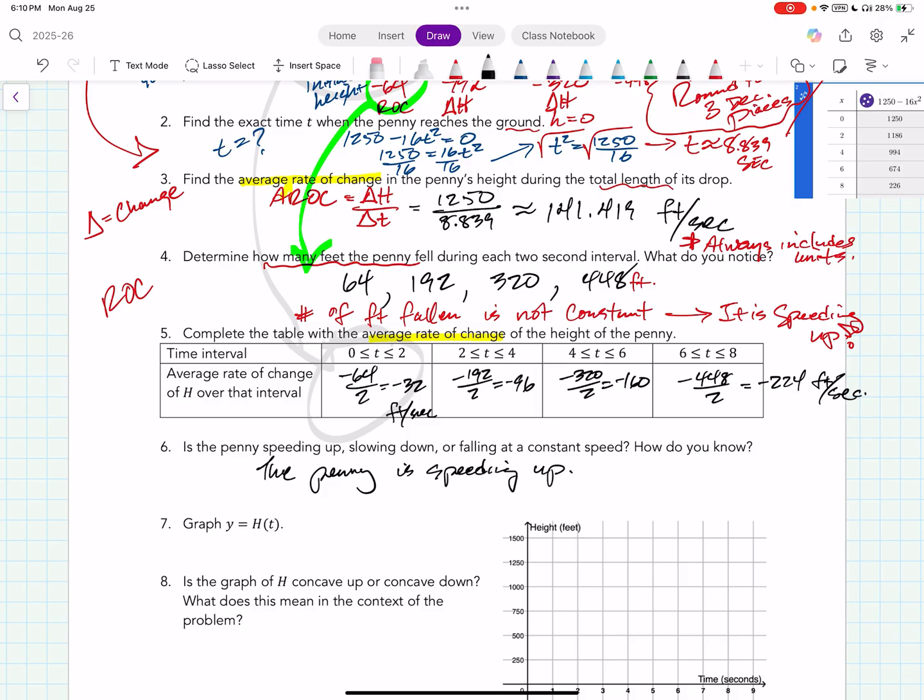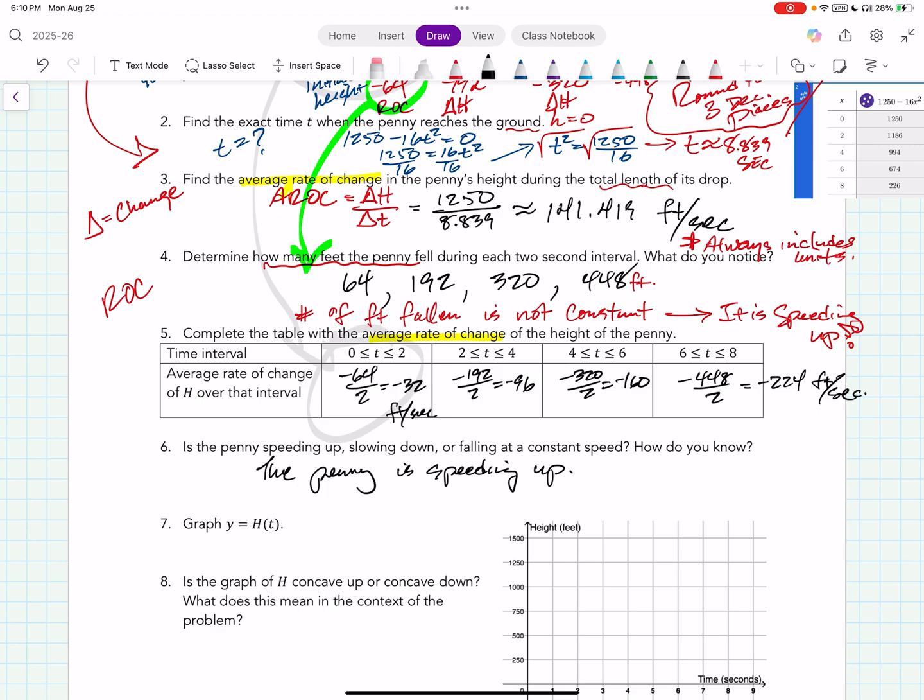All right, which implies a faster rate. Okay, it's getting more and more negative as you go down. So its rate is getting more and more negative. It's got to be speeding up, as you can tell here, in every single time interval. And again, how do we know? Because we're looking at the average rate of change.